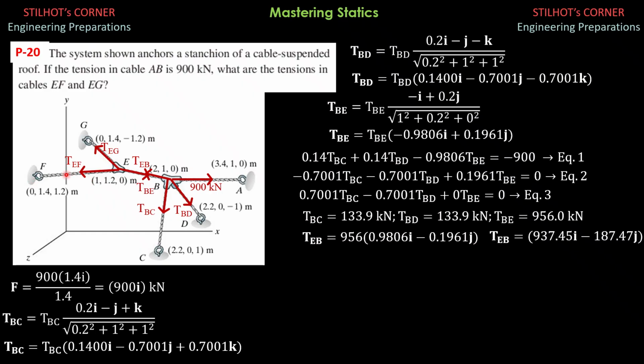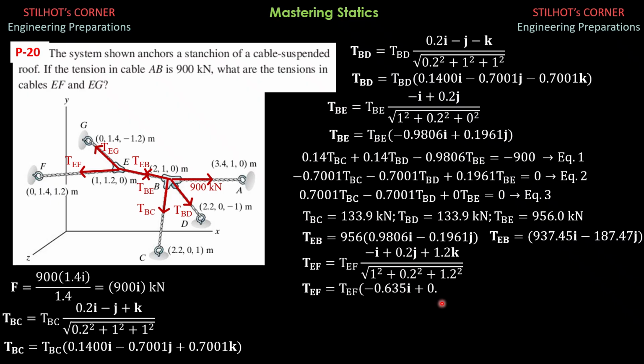So it is magnitude of tension EF, quantity 0 minus 1, so negative 1 I, 1.4 minus 1.2, 0.2 J, 2 minus 0, 1.2 minus 0, so 1.2 K over square root of 1 square plus 0.2 square plus 1.2 square. Simplifying, that's equal to tension EF times negative 0.635 I plus 0.127 J plus 0.762 K.